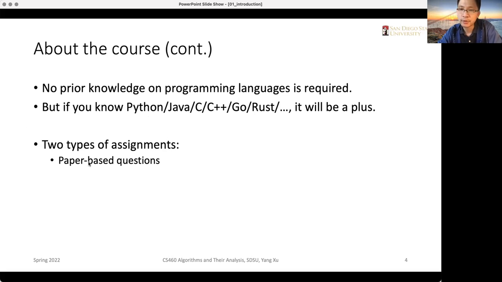So for the paper-based questions, it could be like you prove some mathematical concepts, or you write down the pseudocode for implementing certain algorithms, or for some questions I give you the framework or the skeleton of an algorithm, and you need to understand how to fill in the missing code in order to achieve some functions. Okay, so those are the paper-based questions.